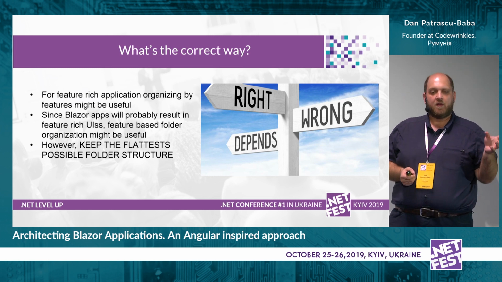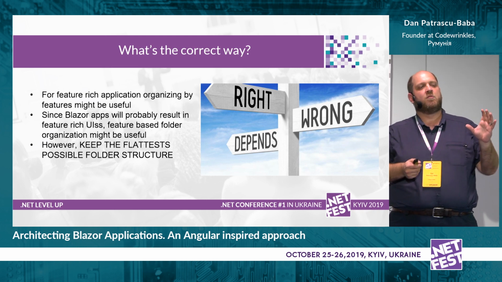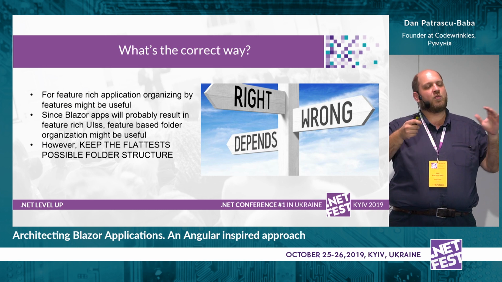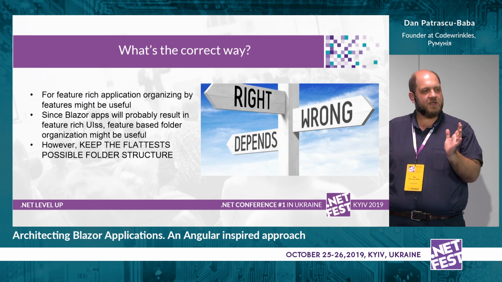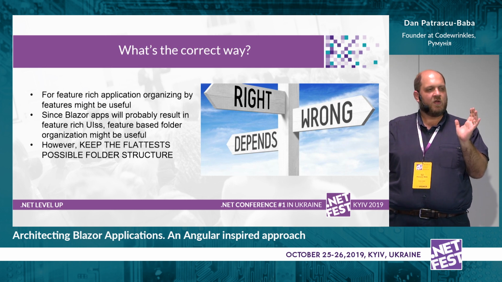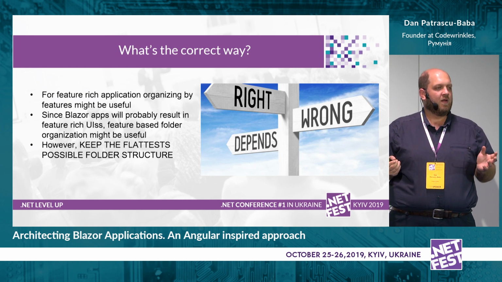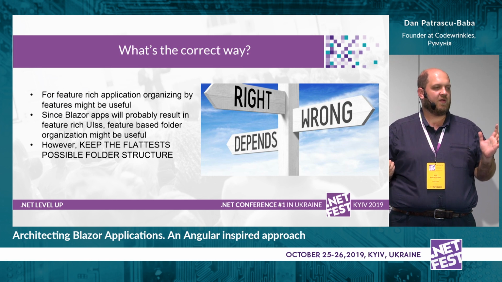Why do I think that this is a good way to proceed? It's because when we have normal web applications, you don't really have a ton of features. Of course, we can have really big applications on the web. But on the other side, if we think about a front-end application, just in one page that you would see, it could be that you have there, I don't know, maybe 100 different features.